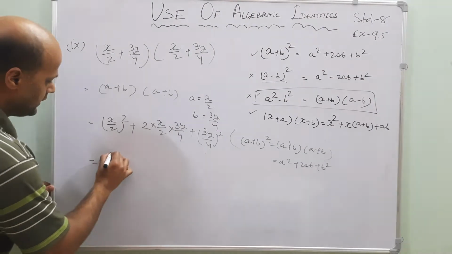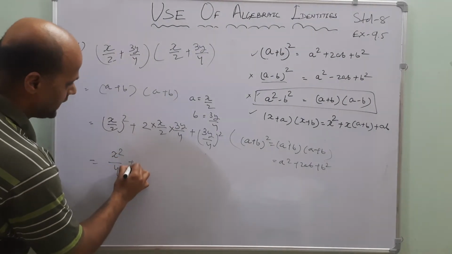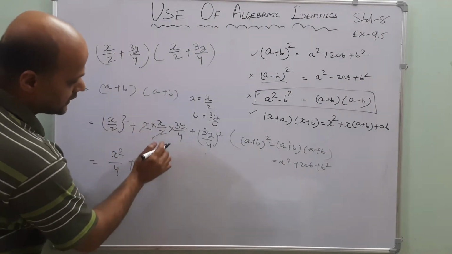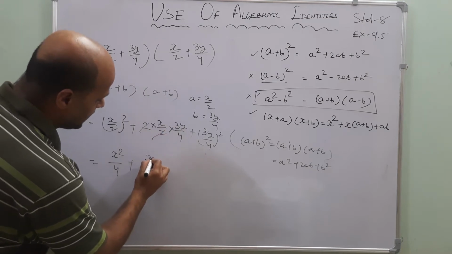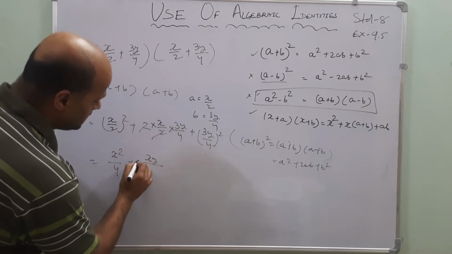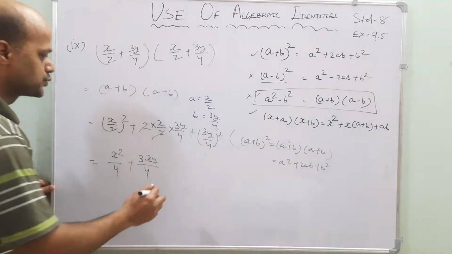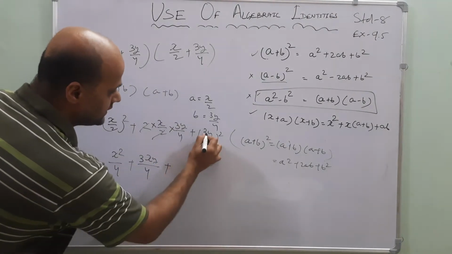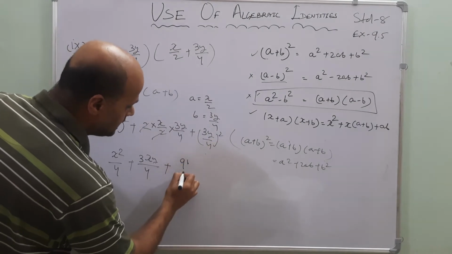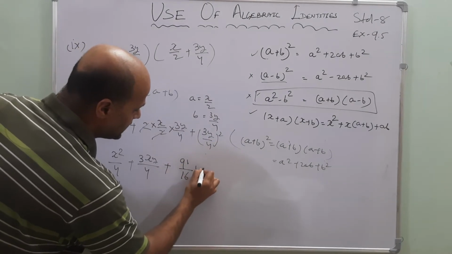Now solve it. x square by 4, plus 2 cancel. x into y, you can write it 3xy by 4 or 3 by 4 xy, whatever it is, plus now this one is 9 by 16 y square.